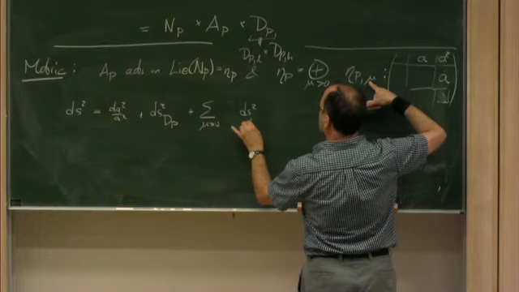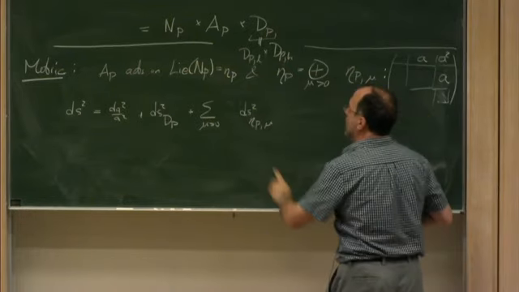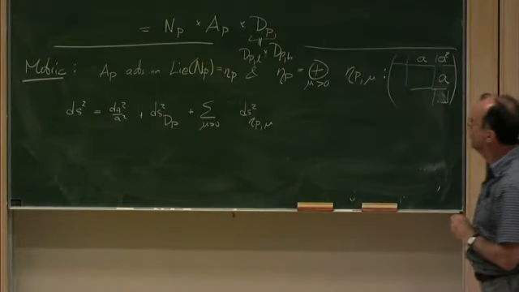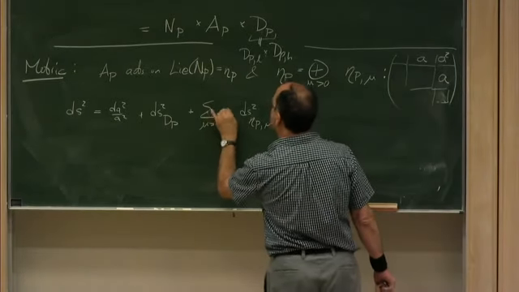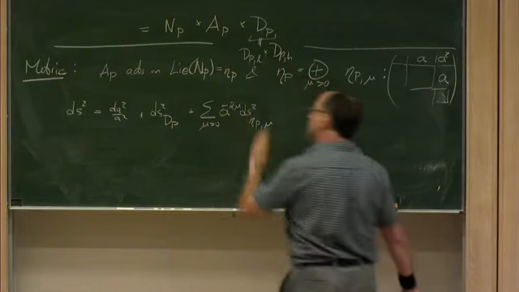So some metric on NP mu times a weight factor, which would be A to the minus 2 mu.